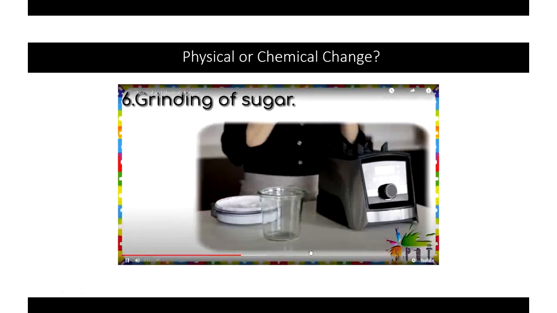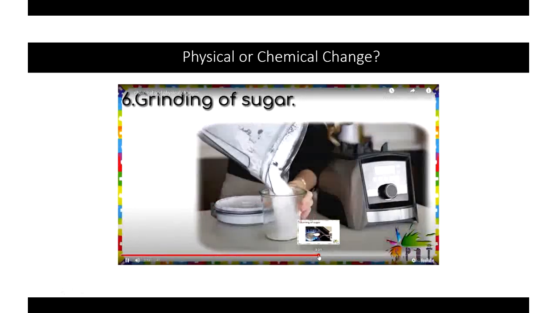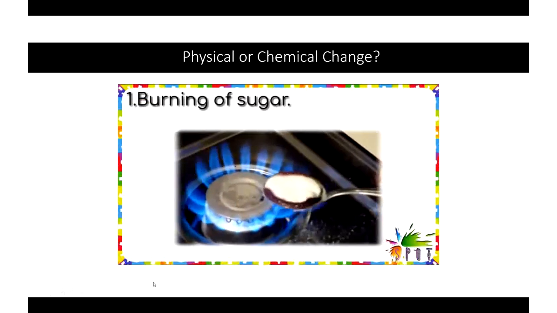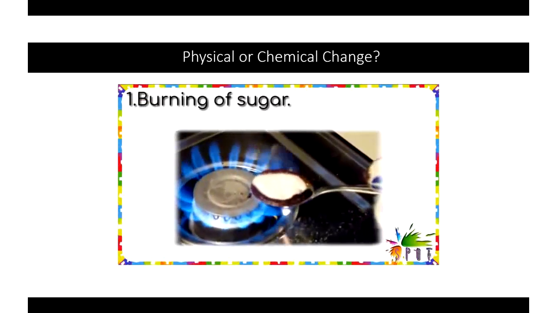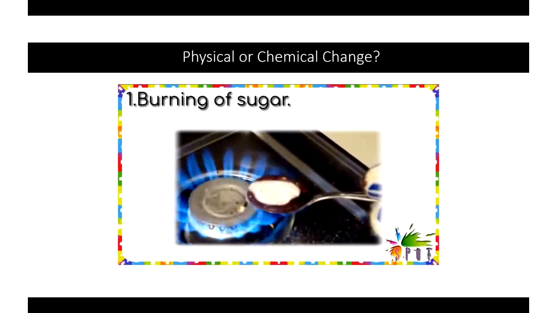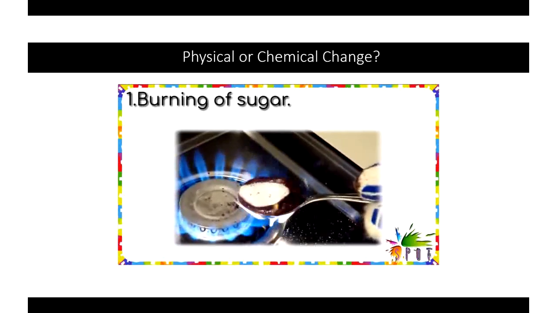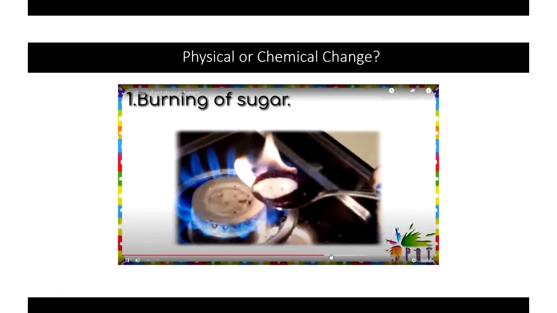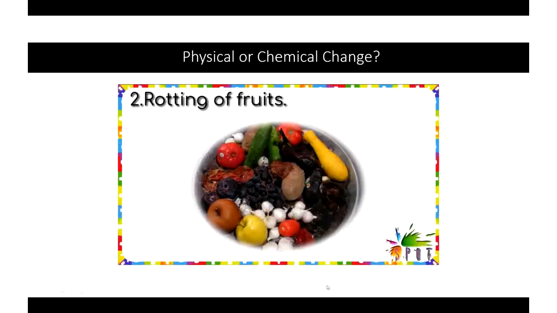So now let's take a look at some examples of chemical changes. Burning sugar is an example of a chemical change. You have a change of odor here and a change of color as well, right? Food rotting, you have change in odor, change in color, sometimes gas formation as well.